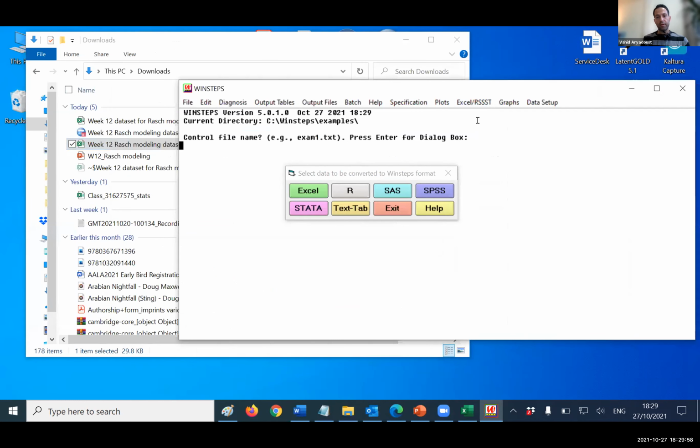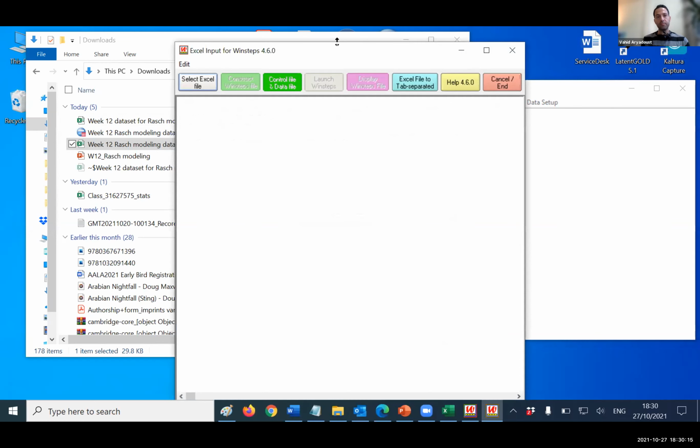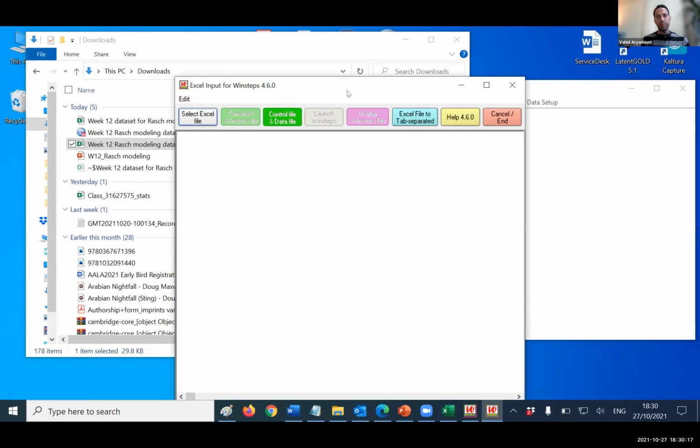Okay, so far, I think you can guess the rest of the steps because we have an Excel sheet here. Can you see that on the today 5? I want to read that using the Excel button. Click on Excel. This will pop up.